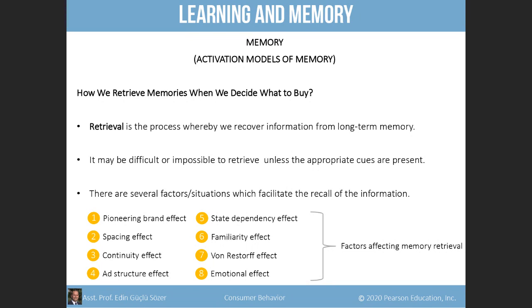The first brand introduced in the market is always remembered much more than the followers. This is the result of the research. So this is why the pioneering brand effect is very important. Those brands who are the pioneers, the first ones entering the market, are always remembered more easily.